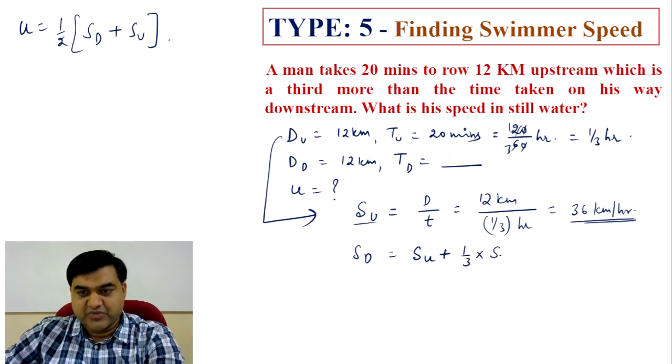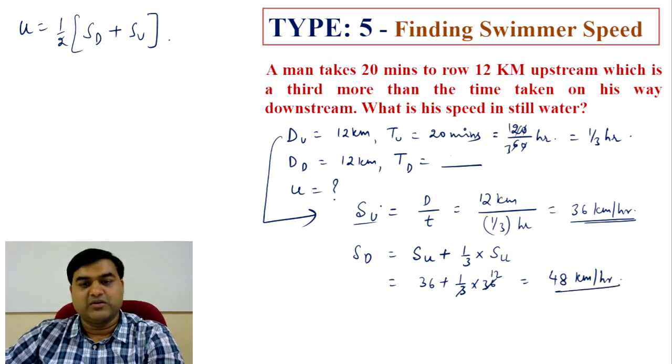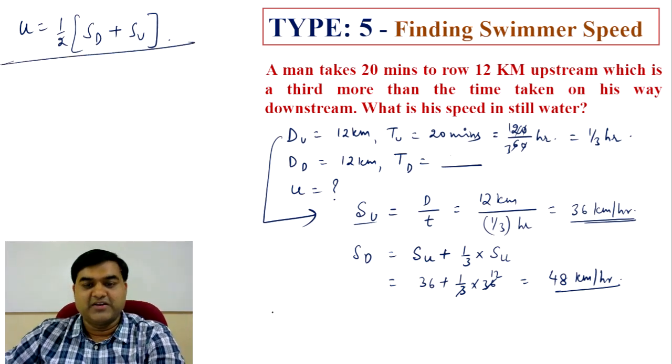So upstream speed is 36 plus 1 by 3 of 36, that is 12, so 36 plus 12, 48 kilometer per hour. So what we got? Downstream and upstream speeds we got. Then what is his speed in still water? We can find out, no?